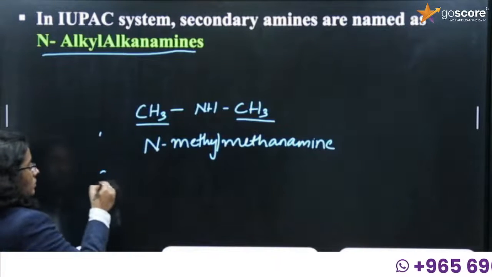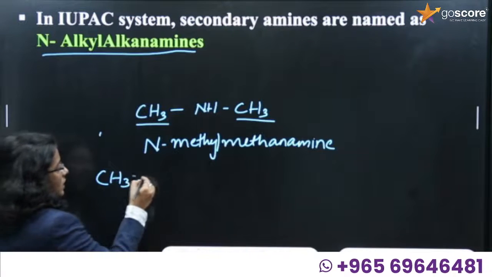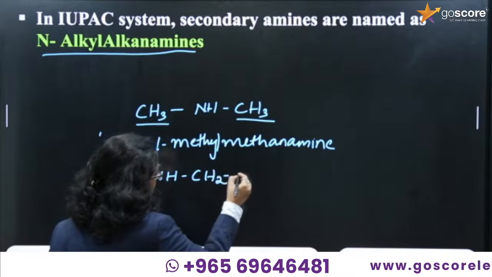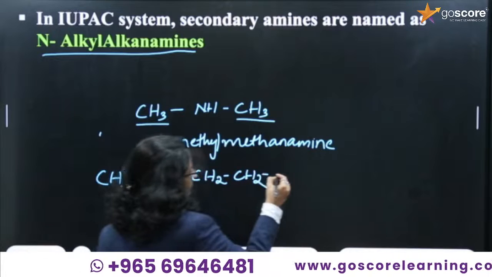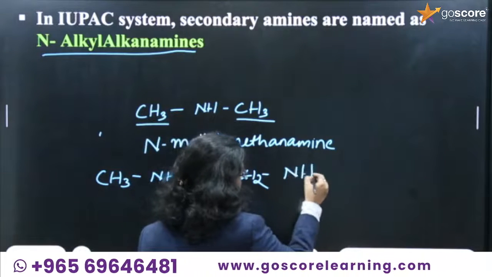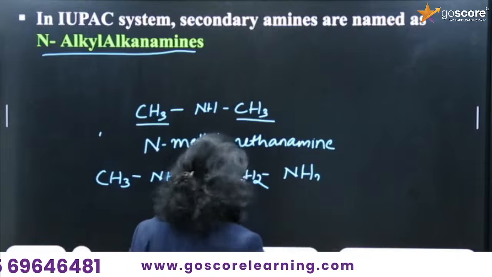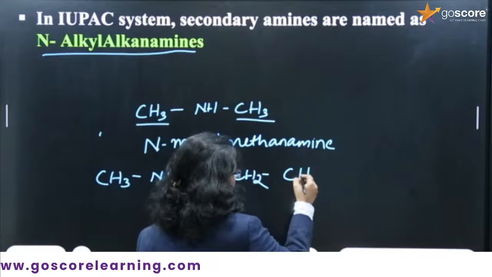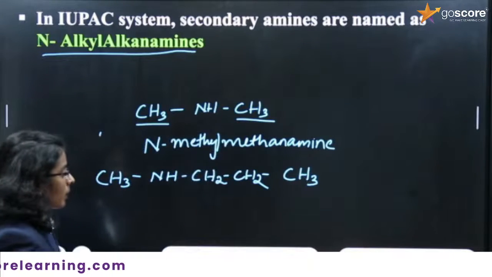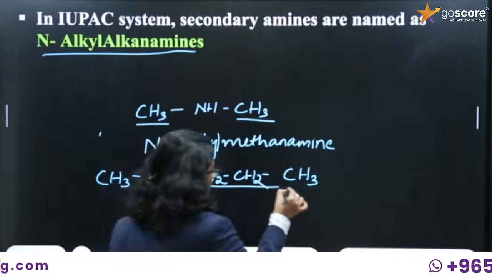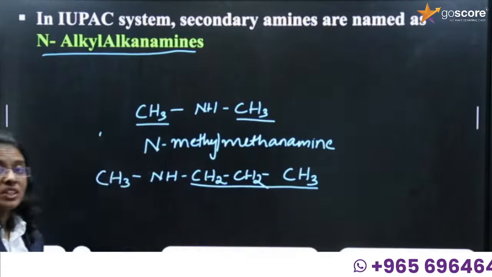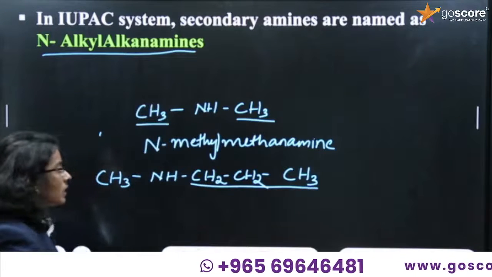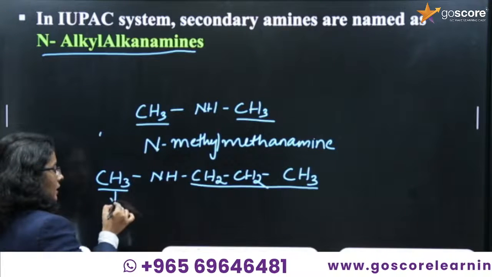If it is a mixed amine, suppose CH3, NH, CH2, CH2, NH2. Sorry, CH3. So the longest carbon chain is considered as the parent chain, that is the alkanamine part, and the smaller one is the alkyl part.